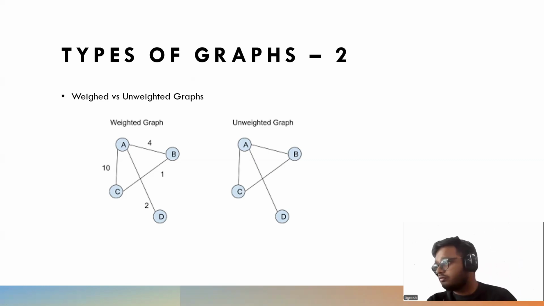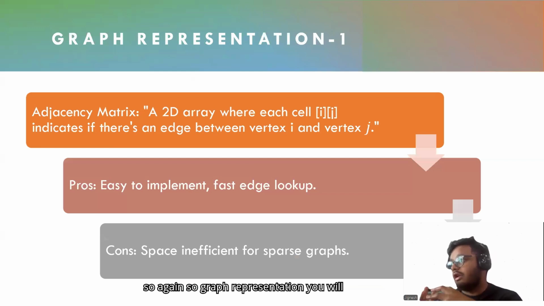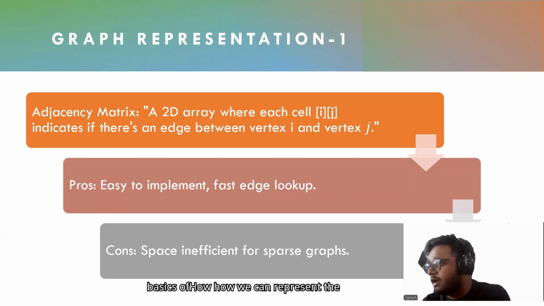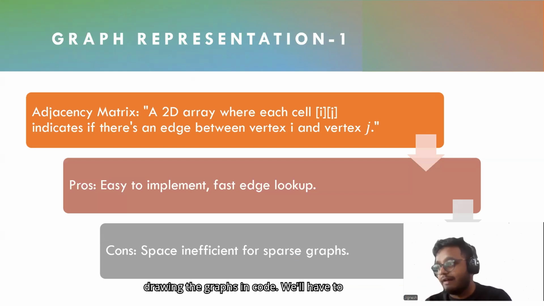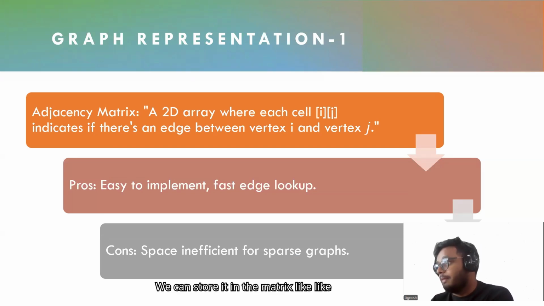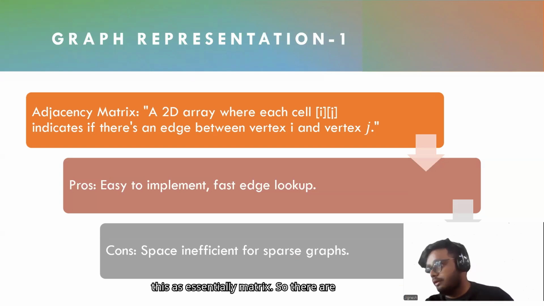Okay, so now graph representation. We will have to understand the fundamentals and basics of how we can represent the graph in order to write the code. We are storing graphs somewhere. It's not like we're drawing the graphs in code. We will have to store our graphs somewhere in the code. We can store them in an array, in a linked list, in a tree as well, or in a matrix like the adjacency matrix.